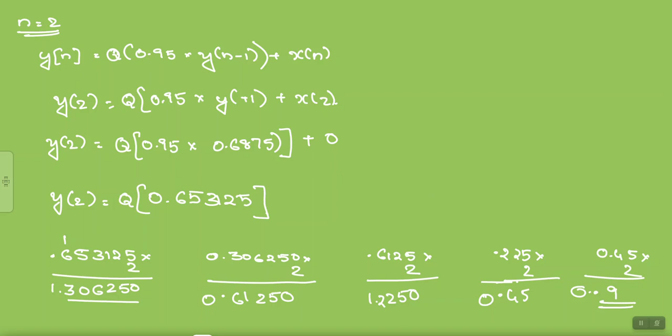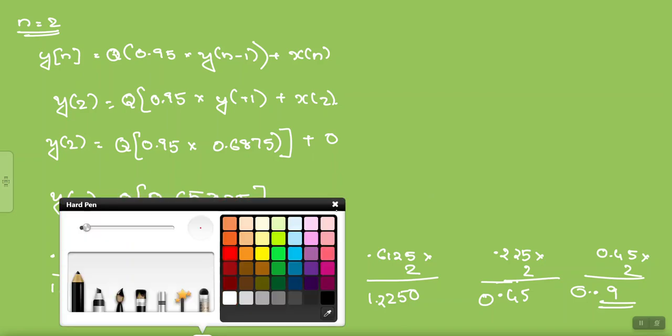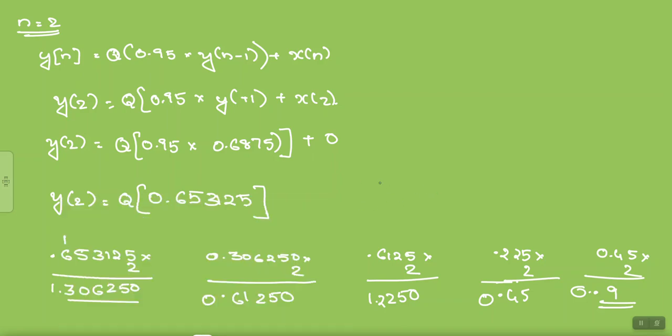So 0.653125 to the base 10 can be represented as 0.10100 to the base 2.